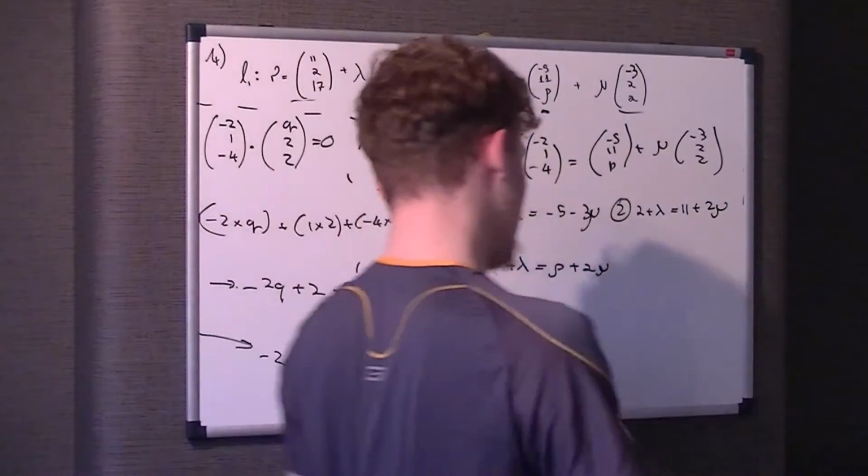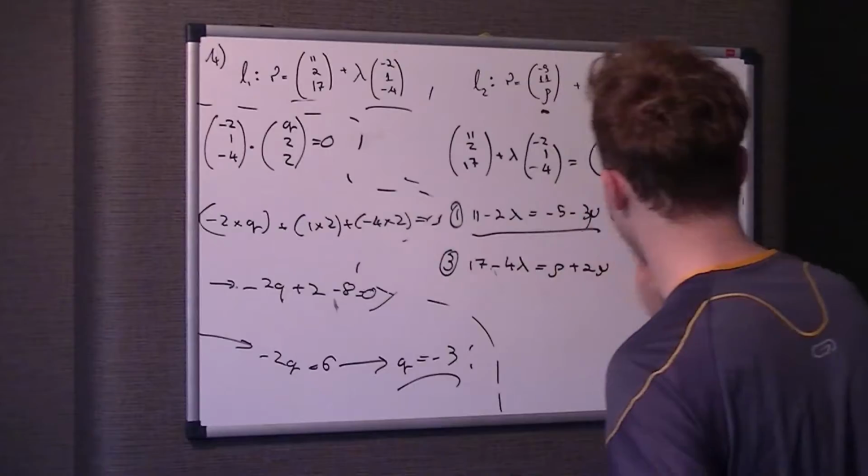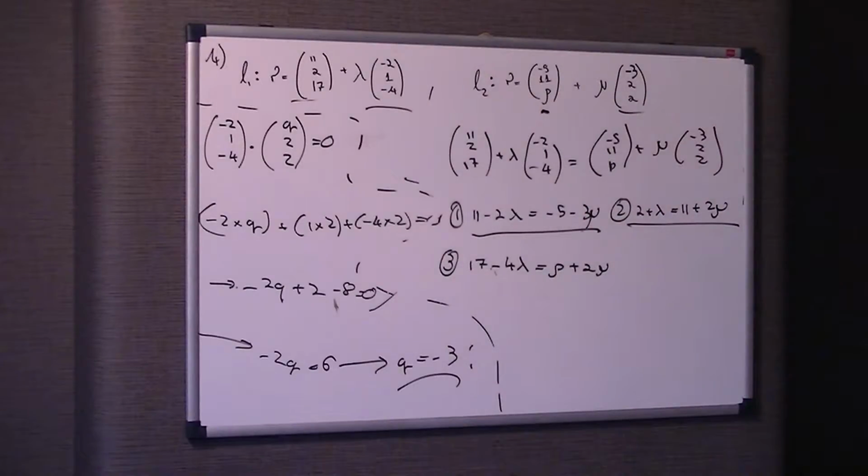What we're going to do is modify and substitute, or take away, whichever you want to do, to get a value for lambda and mu which satisfies both equation 1 and equation 2.